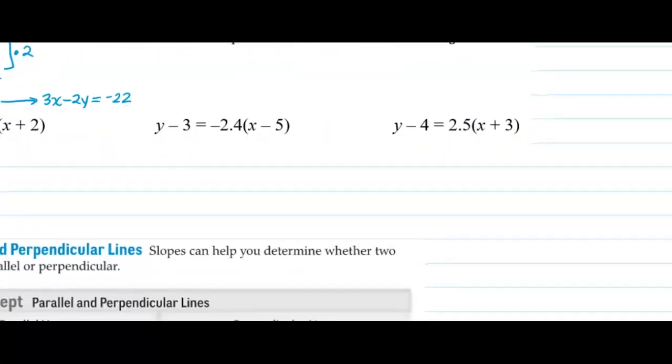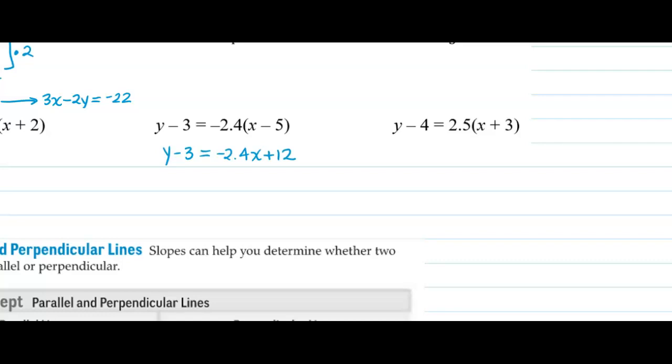What if we have a decimal? Y minus 3 equals negative 2.4x minus, well, that would be a plus, 12. Notice I have a problem here because I have a decimal.